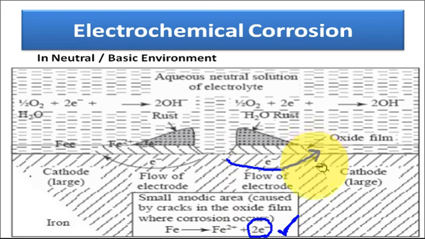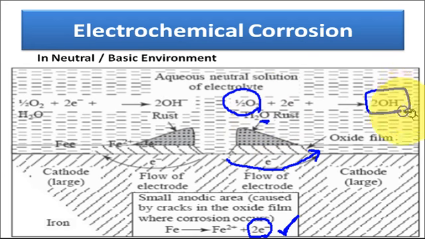At the cathodic part, these electrons are consumed by the oxygen, and oxygen in presence of moisture or the aqueous solution is converted into hydroxide ions at the cathodic part. So this is the reduction reaction taking place at the cathodic part.